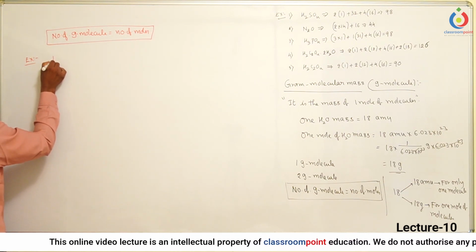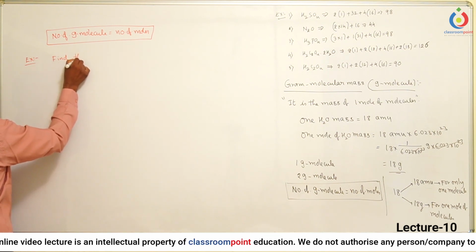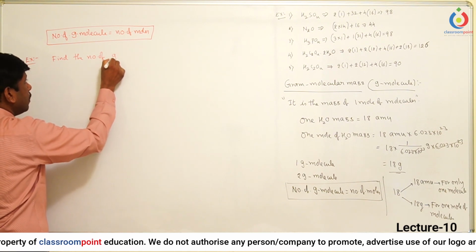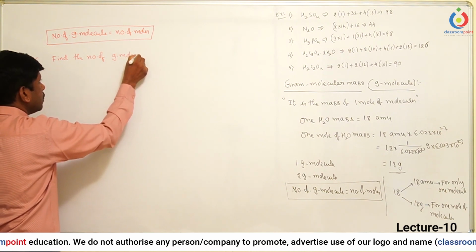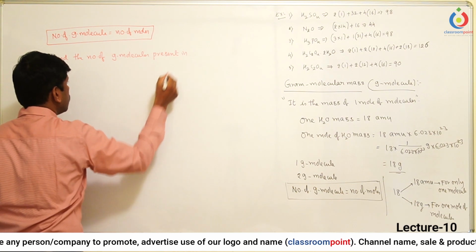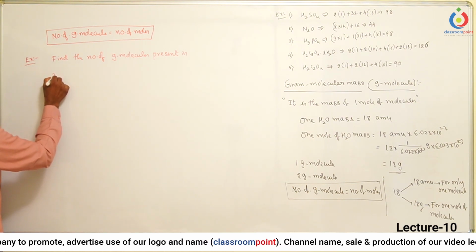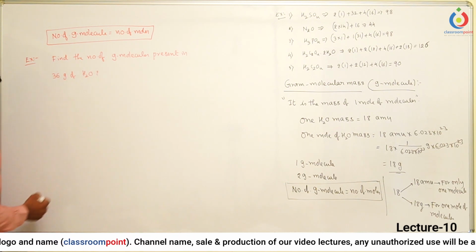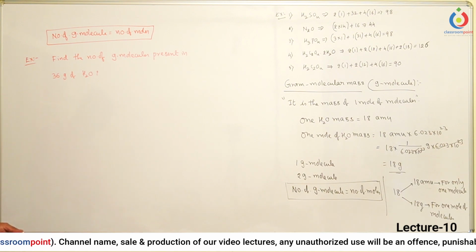Take an example: find the number of gram molecules present in 36 grams of H2O. So this we shall try to solve.